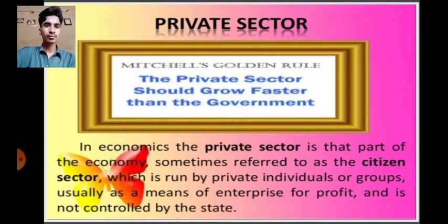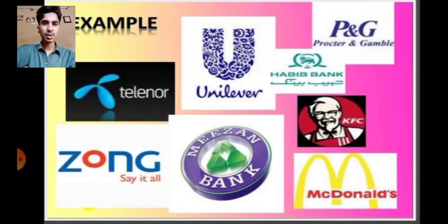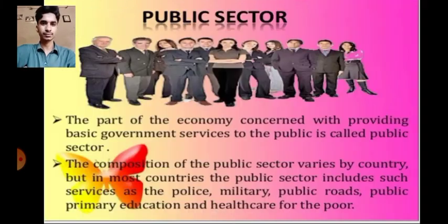Private sector: in economics, the private sector is that part of the economy, sometimes referred to as the citizen sector, which is run by private individuals or groups, usually as a means of enterprise for profit, and is not controlled by the state. Examples: Telenor, Mobilink, Zong, Meezan Bank, KFC, Procter and Gamble, Habib Bank, etc.